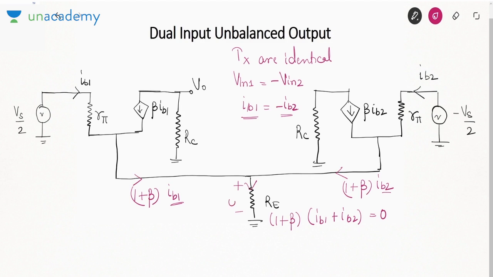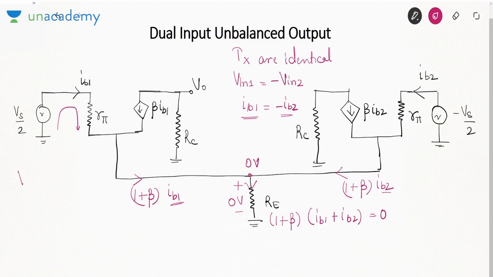That means here there will be 0 volt, I into R. So this voltage will also be 0. Is it fine? So here the net current going into RE becomes 0 because both the currents are negative of each other. Now what you can do is you can apply KVL here.